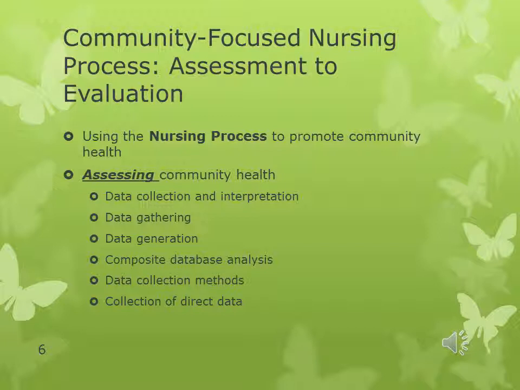So when we think about assessing a community, whatever that looks like, we have to collect some data, and then it's up to us to interpret that data and start thinking about what other data we need, and it starts going down a pathway. You can think of it as like a critical pathway where one thing you find leads you to another, and you have a decision to make, and you keep branching off.